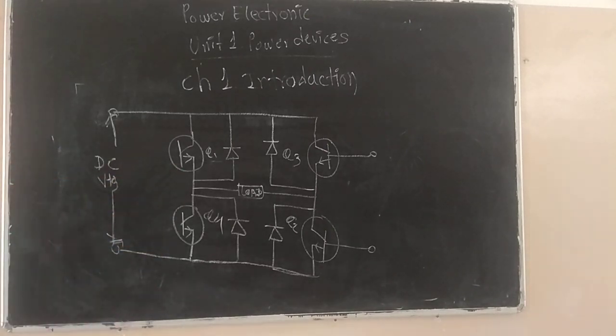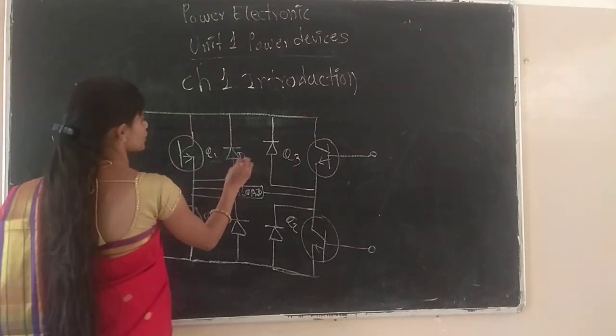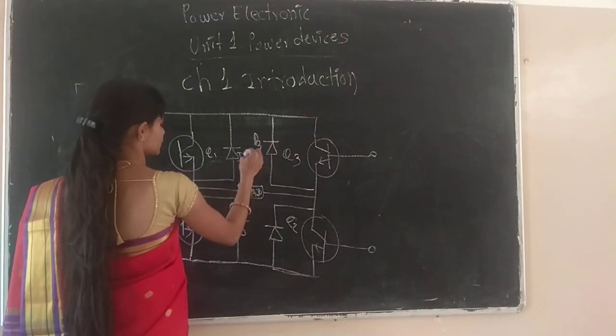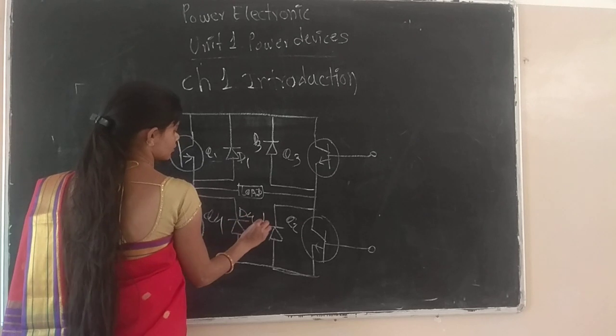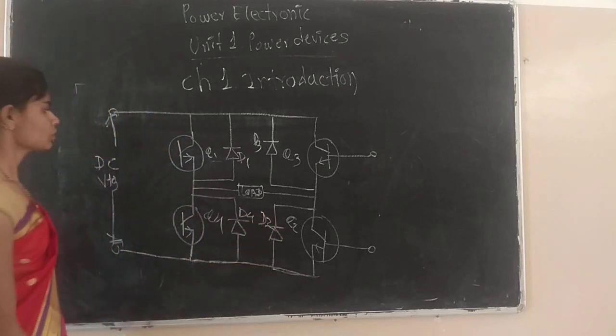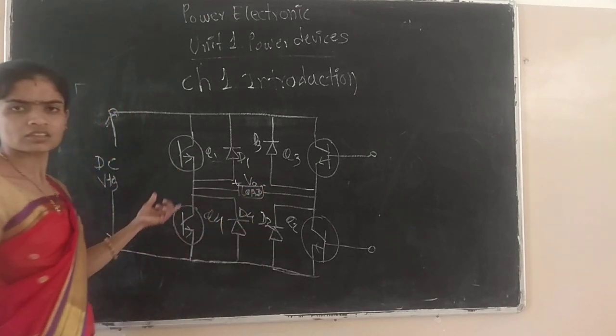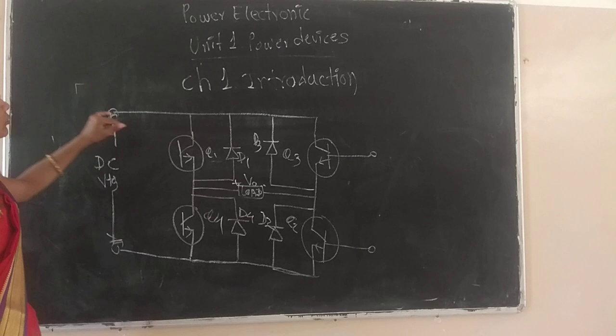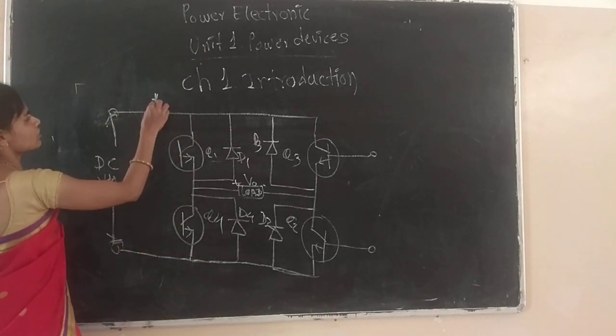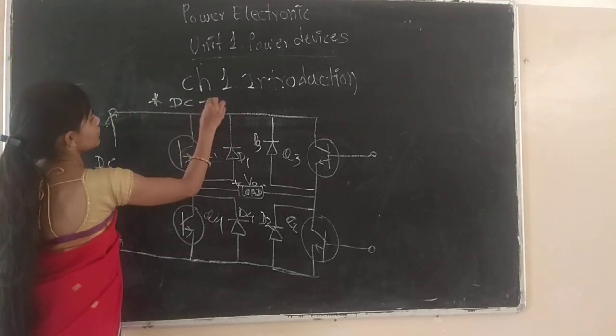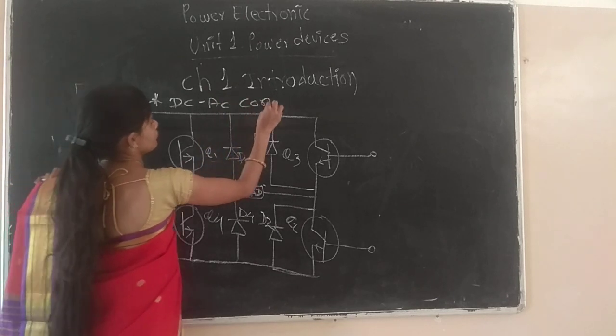Your load is used, and the diodes D1, D3, D4 and D2. The output is taken across the load. This is the circuit diagram for the DC to AC converter, that is nothing but the inverter.